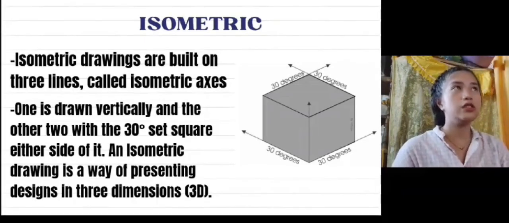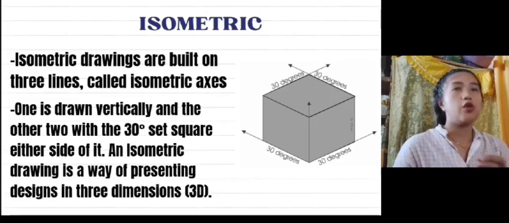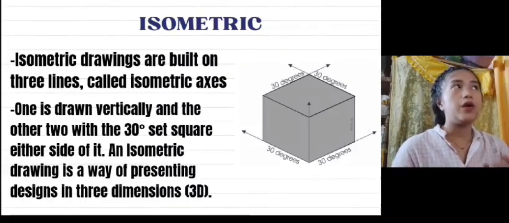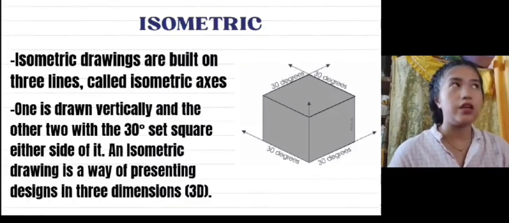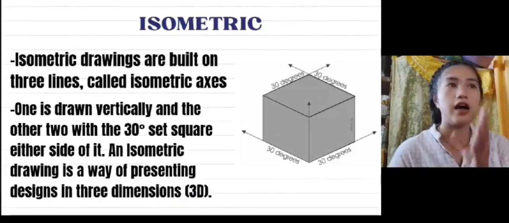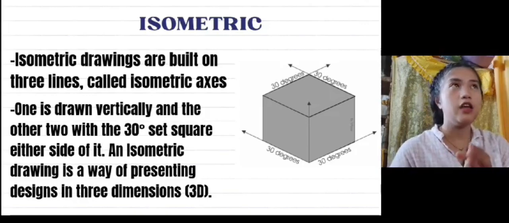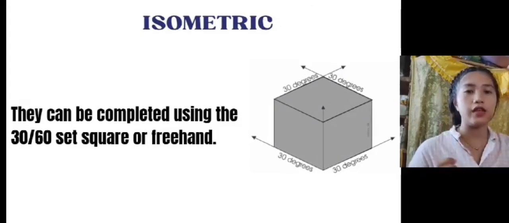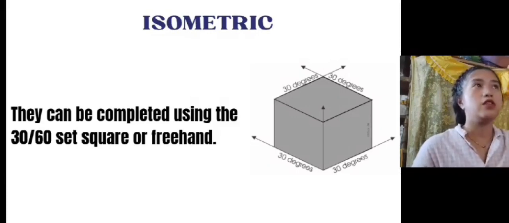Isometric is a commonly used type of pictorial drawing. It shows an object in 3D form, where all sizes are drawn equally. Based on our PPT, isometric means equal measurement. So all the sides of it have an equal measurement.